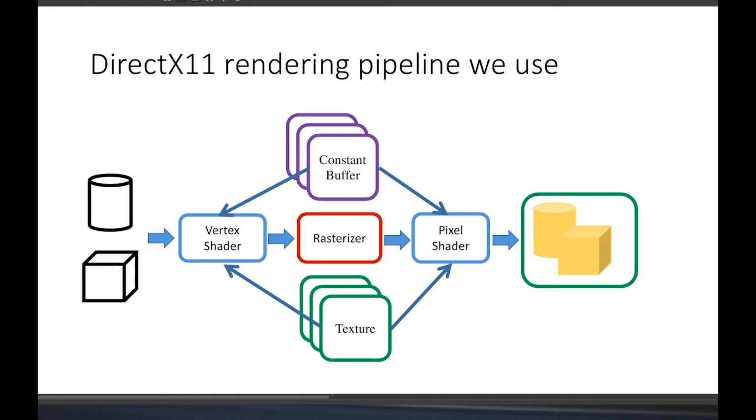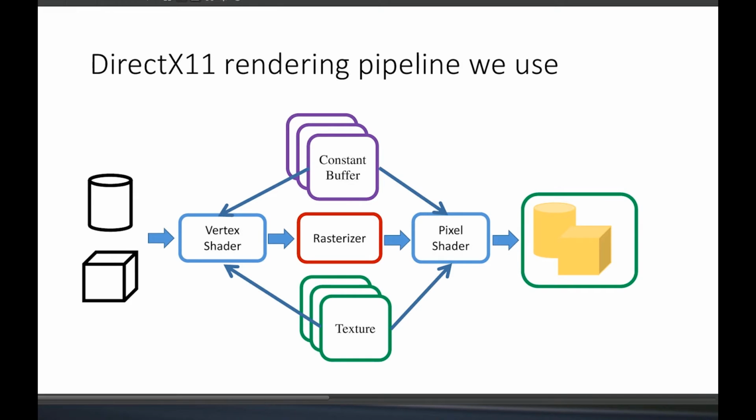After the vertex shader, we will send our geometry to the rasterizer. The task of the rasterizer is the following. In computer graphics, we have something called a frustum. That is like a truncated pyramid, composed of six planes: a near plane, a far plane, and four other planes.